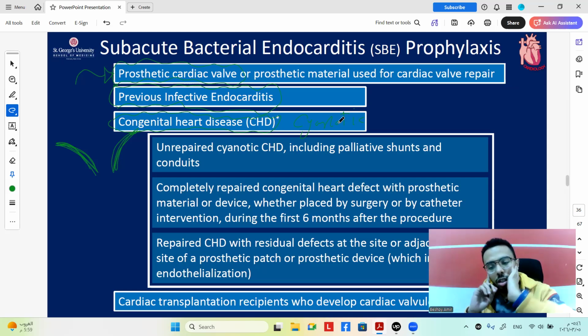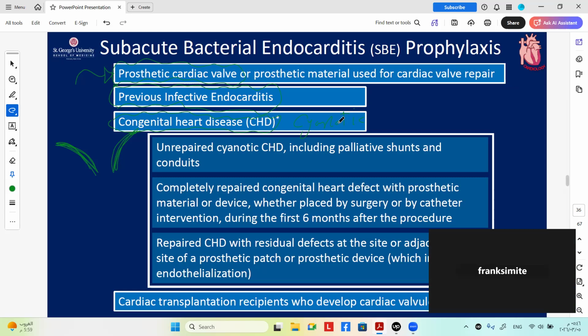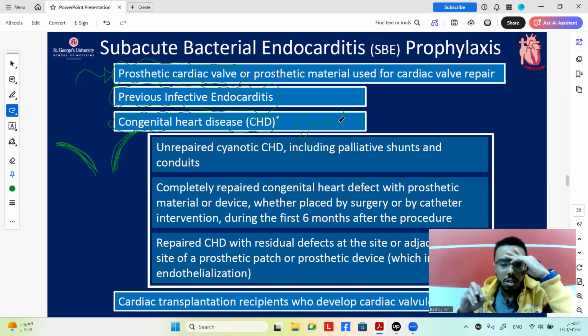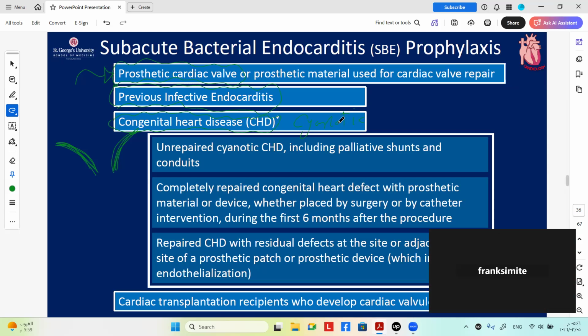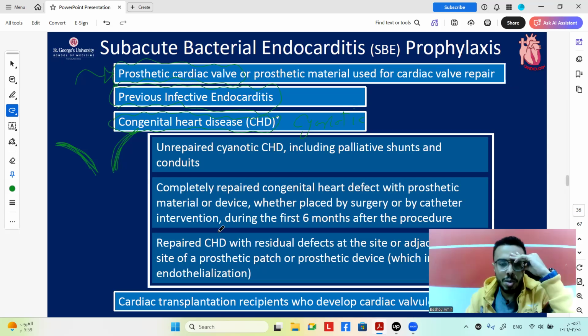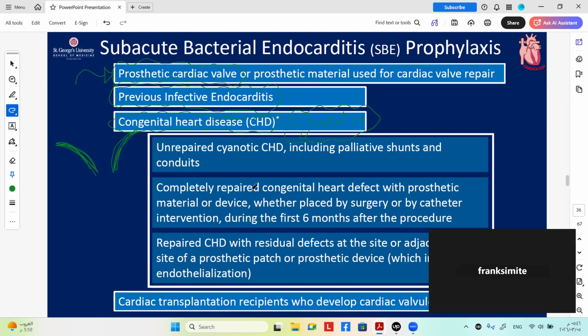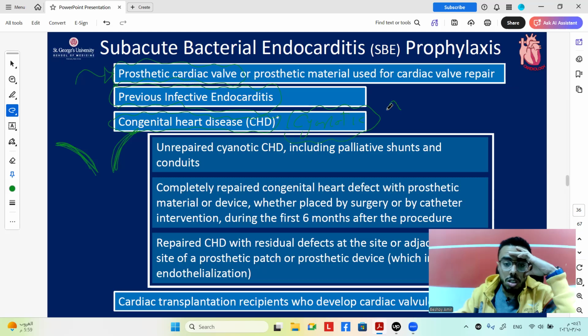So the shunting in cyanotic heart disease is from right to left or left to right? Right to left, because you're pushing unoxygenated venous blood into the arteries, making the patient blue.